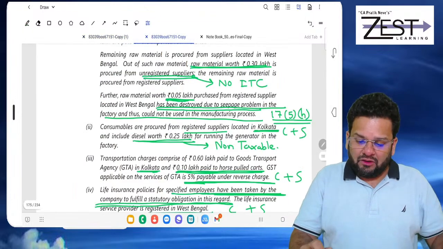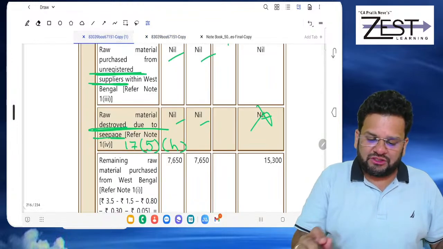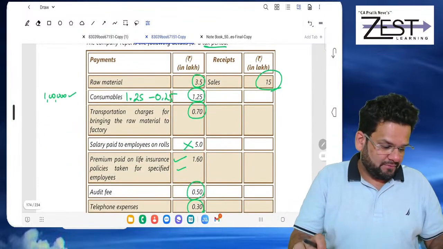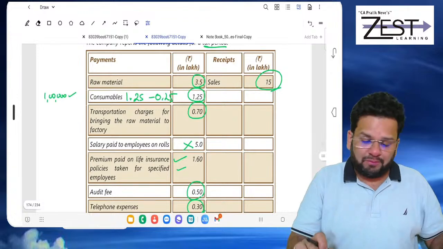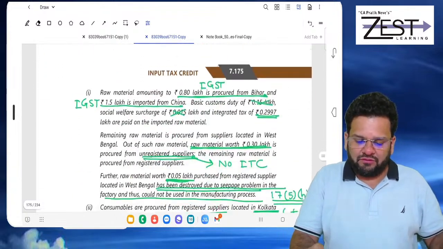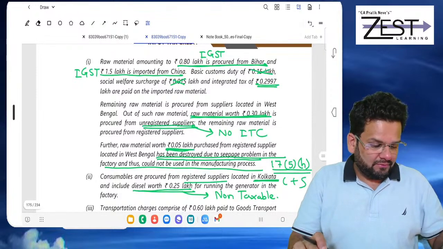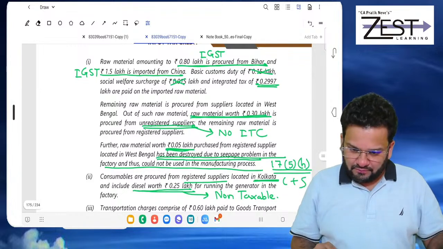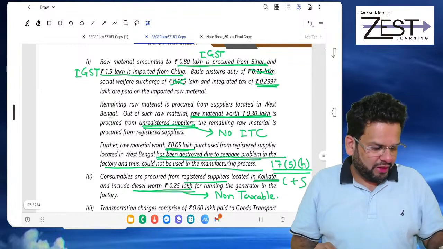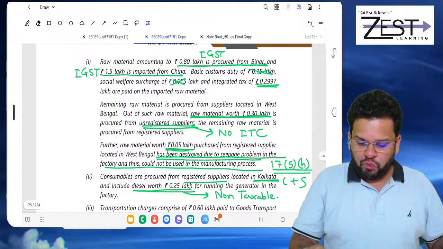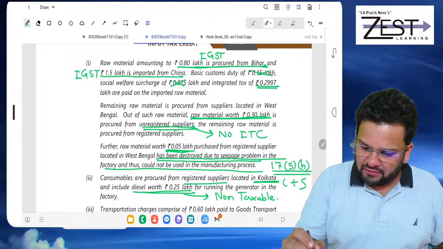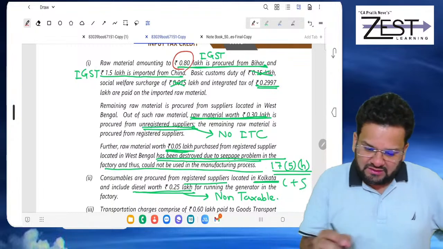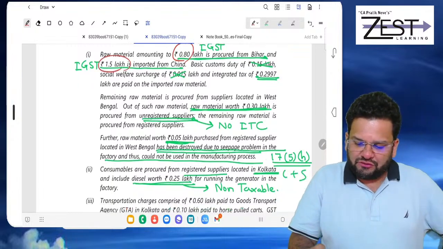Did you get till this point? Yes. And then what you do, your overall purchase was 3,50,000. Take on your calci, or you can take 3.5. From 3.5 you subtract 0.8 which was from Bihar, then you subtract 1.5 which was from China. Are you getting it? What we are subtracting? We are subtracting 0.8 which was from Bihar. We are subtracting 1.5 which is from China.